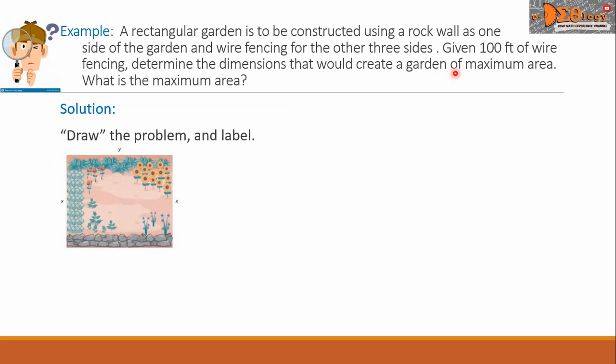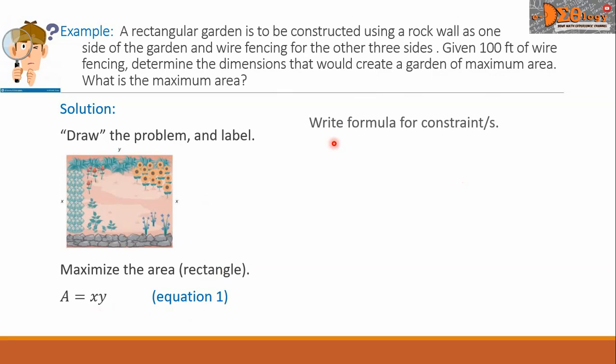Based on the problem, we want to get the dimensions of maximum area. So let us maximize the area of the rectangle. Our formula for area of a rectangle is length times width. Considering the variables here, we write A equals x times y. We regard this now as equation 1.